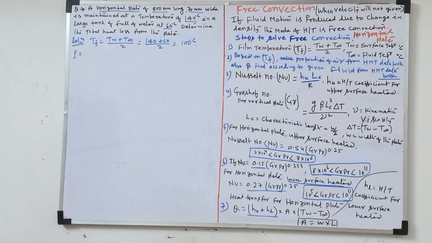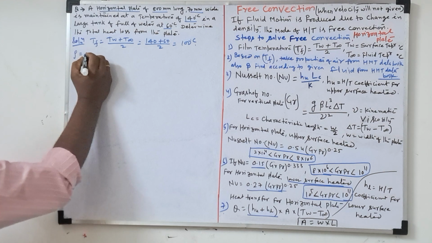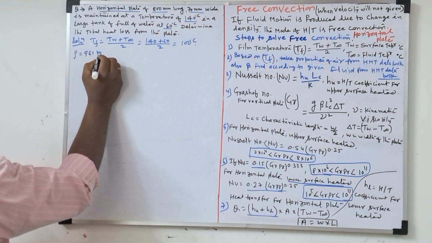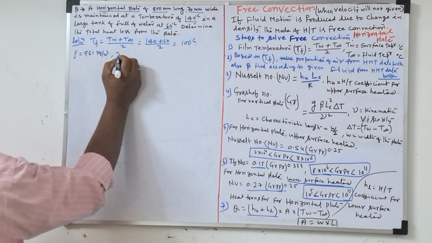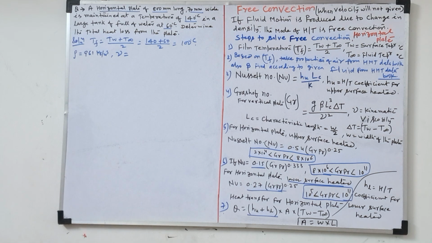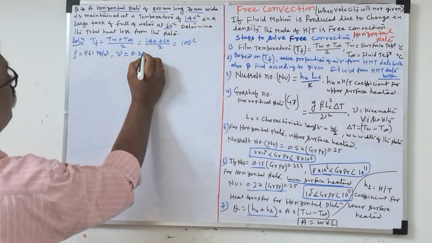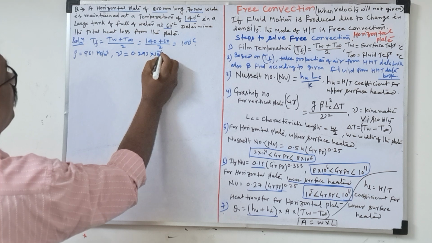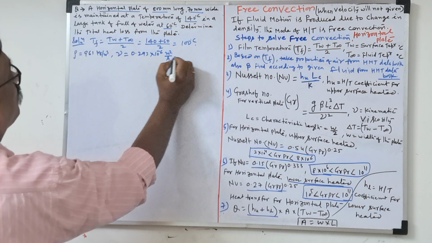Density: from the data book, 961 kg per meter cube, because this is water. Then kinematic viscosity is 0.293 into 10 power minus 6 meter square per second.